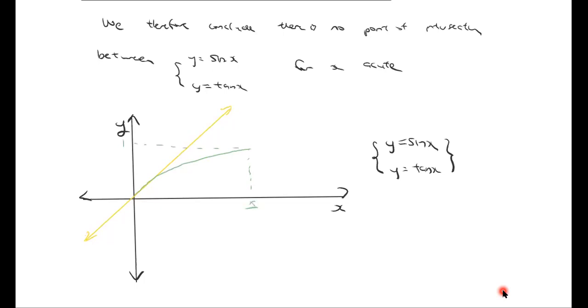This is 1 and this is pi over 2, so 1 and 1.57, kind of to scale, roughly. And tan x is concave up, but it basically goes like this. Basically it was always above. Does that make sense? Yeah. So this is y equals tan x, and this is y equals sine x.